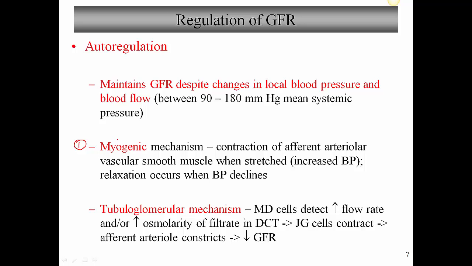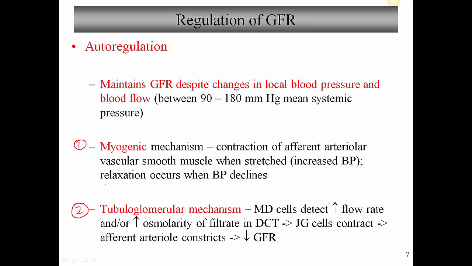This constriction then restricts the blood flow into the glomerulus and prevents glomerular blood pressure from rising to high levels, which might damage the glomerulus itself. Declining systemic blood pressure, on the other hand, causes dilation of the afferent arterioles and raises glomerular hydrostatic pressure. Both of these responses help to maintain normal net filtration pressure and normal GFR.